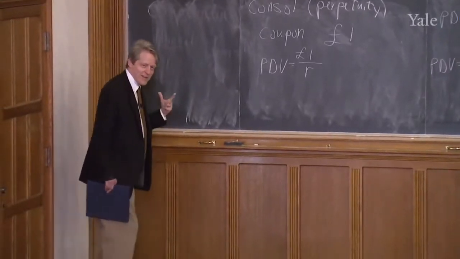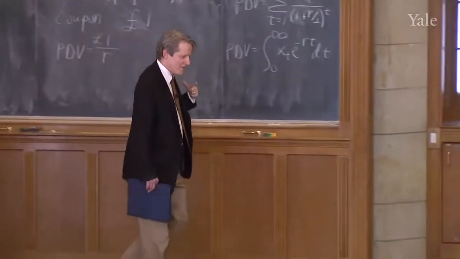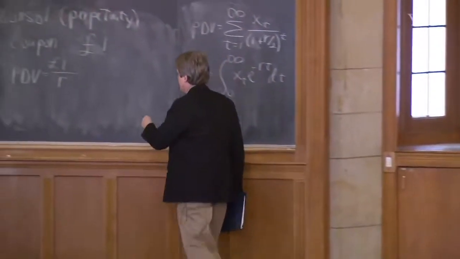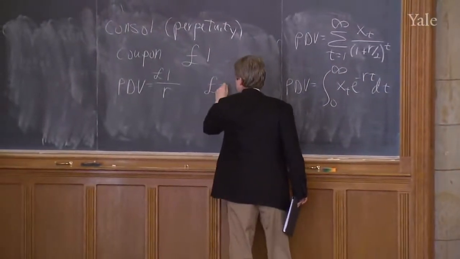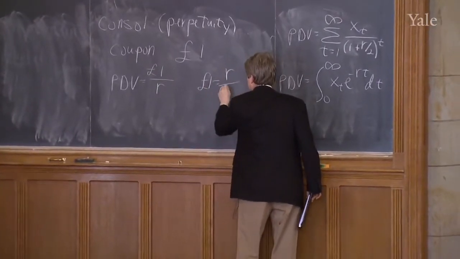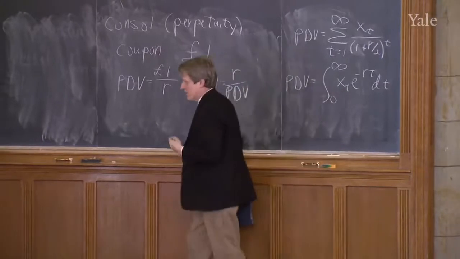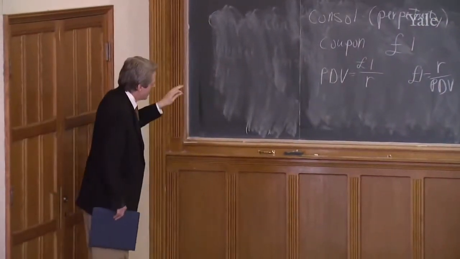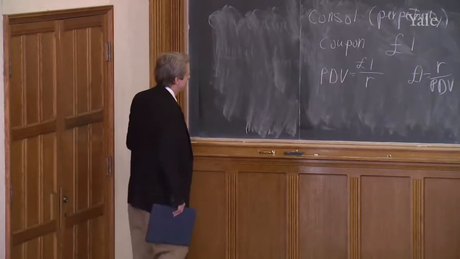That's very simple because this bond will always pay you £1, so the interest rate equals £1 over the present discounted value. So the price of the console should be the payment divided by the interest rate.